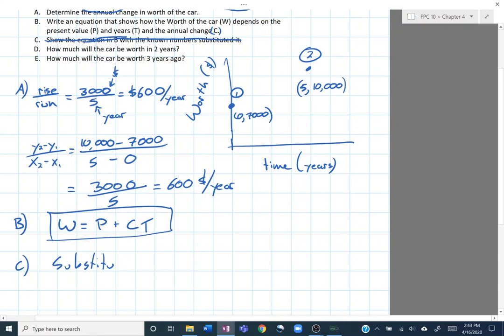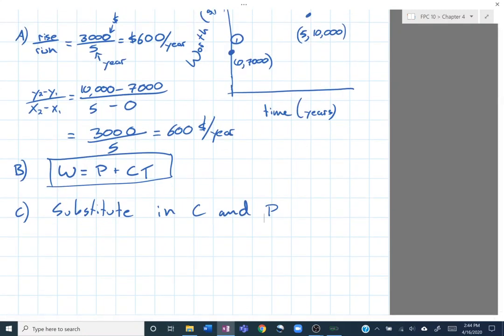Substitute in C and P, which is the present value and the annual change. Because when I do that, I end up with this really nice equation where my present value is 7,000 plus my change, which is 600 times t.